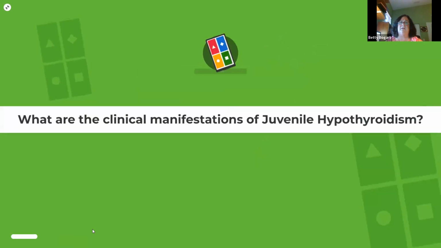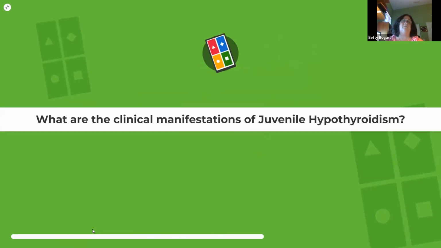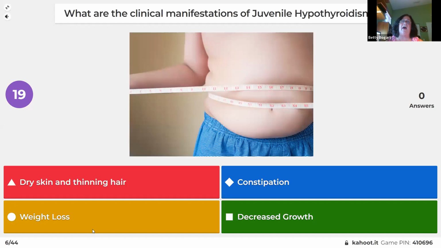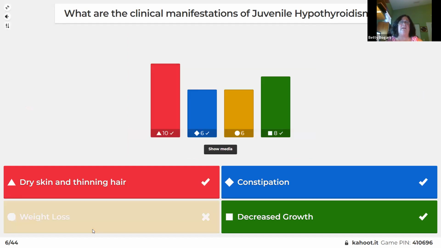A multi-select. What are the clinical manifestations of juvenile hypothyroidism? It's the same as adults. Hypothyroidism, what do you see? In fact, this is one of the things that at birth, if you are not moving your bowels, not having a stool within 3 days, they're going to be checking you for thyroid problem.